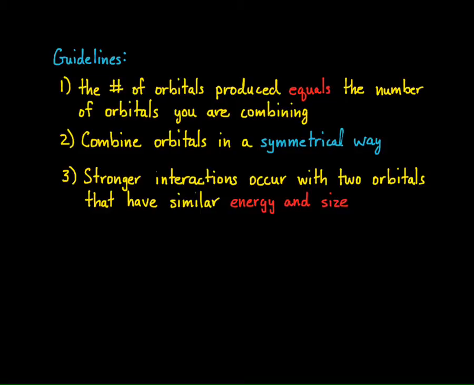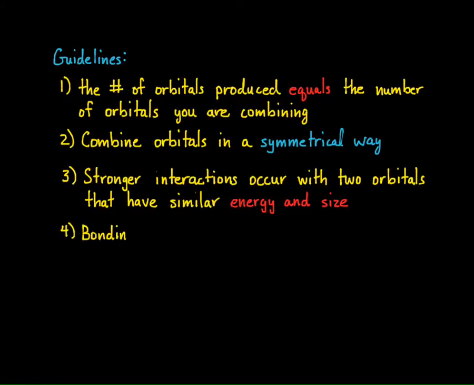So I already said s interacts with s, p interacts with p. But also it has to do with the principal quantum number, right? And we're going to see that when you have an atom that has, let's say, a 2s orbital, interacting with an atom that has maybe a 5s orbital, they don't combine as well as two atoms that have the same principal quantum number. And so that has to do with energy and size.